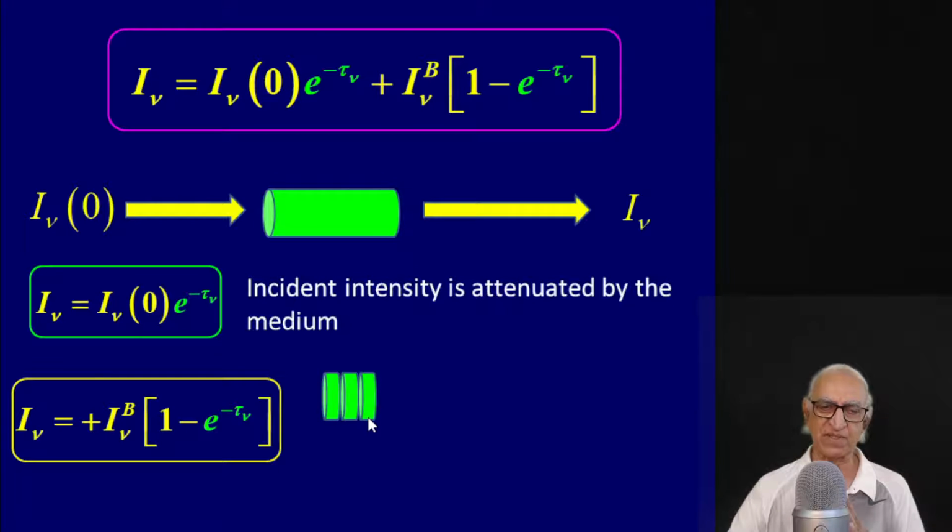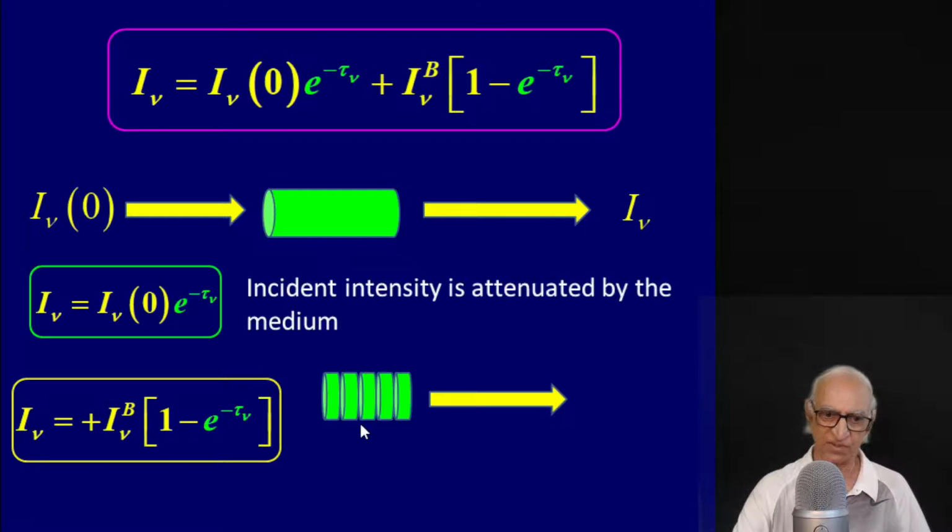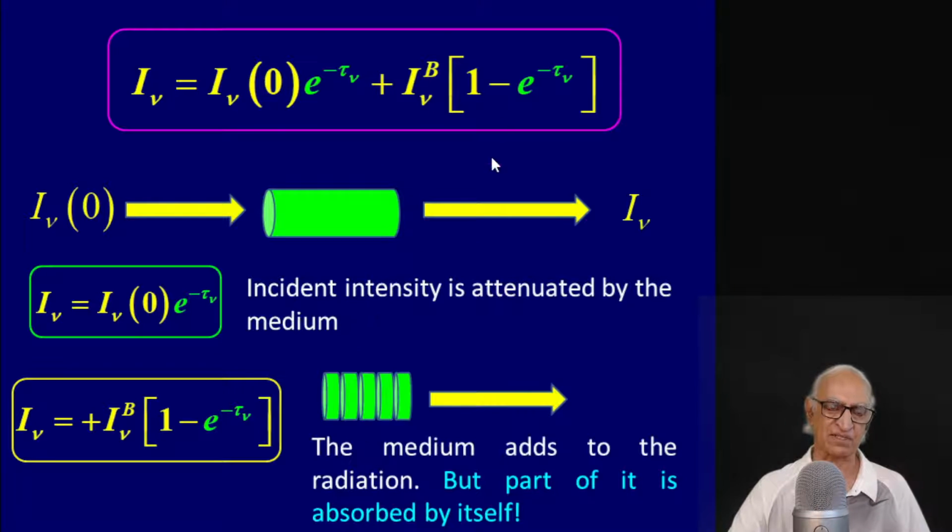Now that impinges on the third slab which absorbs part of it, but it also contributes to the radiation, and then the fourth slab and the fifth slab and so on. Therefore, the second term on the right hand side is the contribution of the medium to the specific intensity, but the medium itself self-absorbs part of it, and that is denoted by 1 minus e to the power minus tau nu.